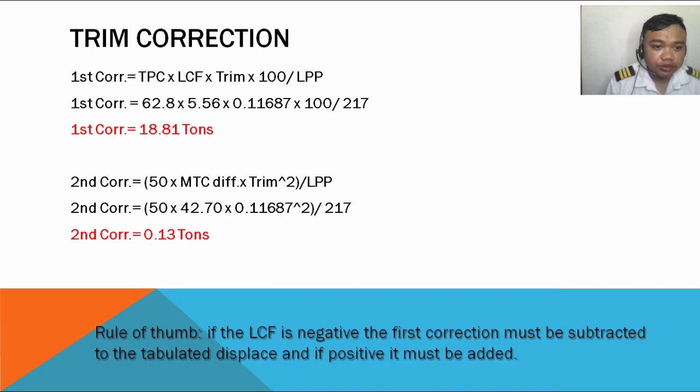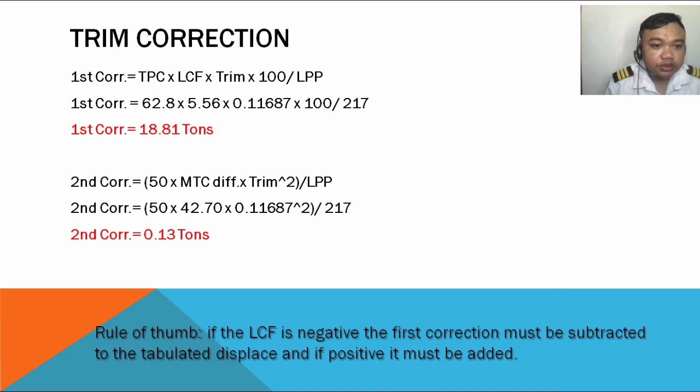The first correction formula is TPC times LCF times trim times 100 divided by LBP. The other term for LPP is LBP, so do not be confused with that.